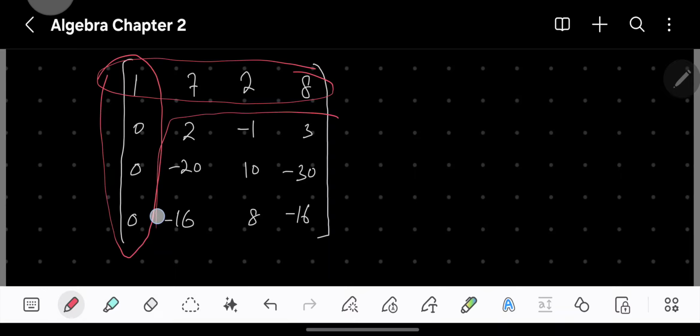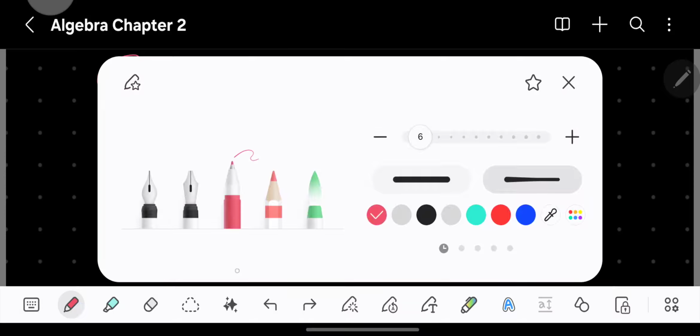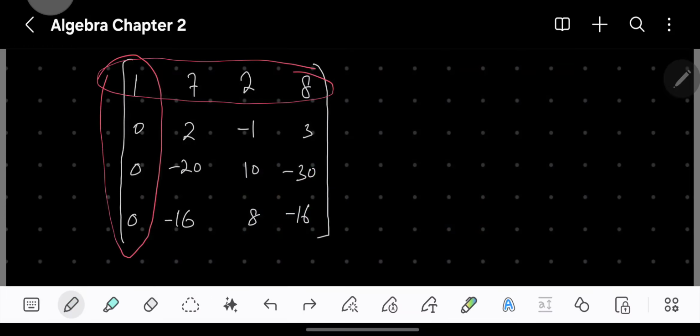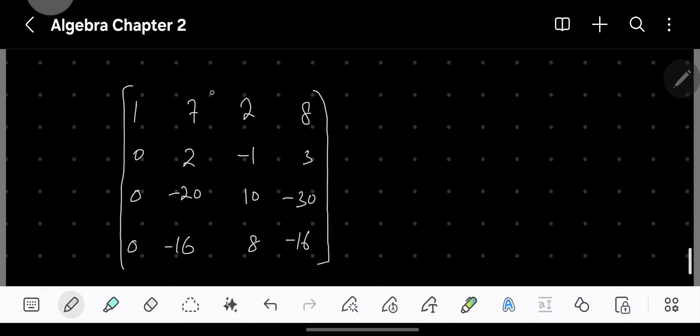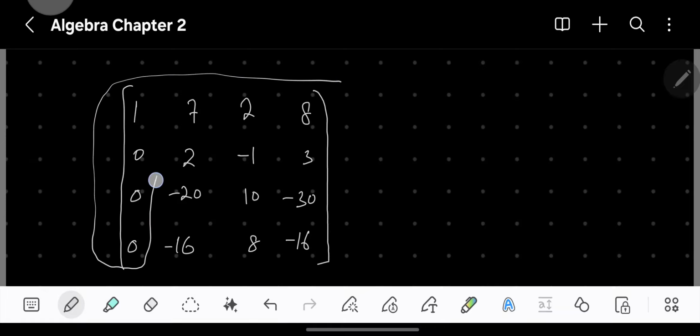We will only be working on this part. Whenever I do any operation now, I will not change these things. They are not part of our matrix.